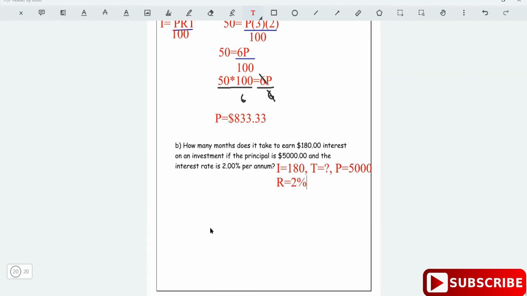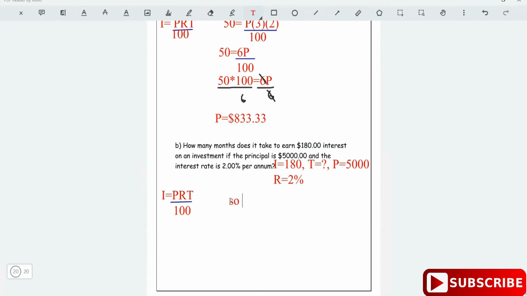So let us do that now. First thing, we know that our interest is equal to principal times rate times time, and of course, this is being divided by 100. This is what we do know. So what we are going to do now is substitute what we know in this equation.